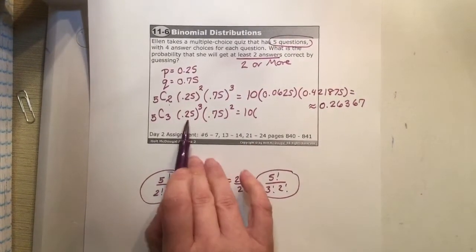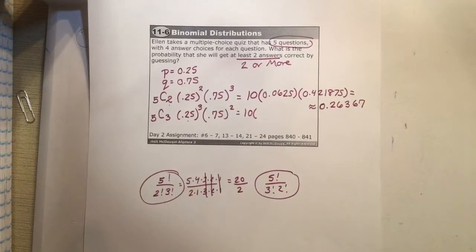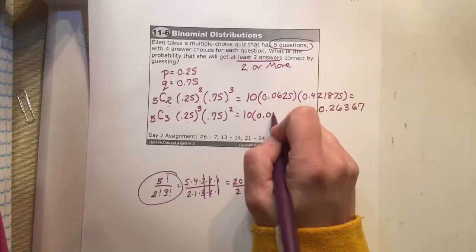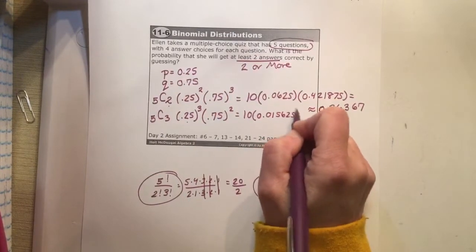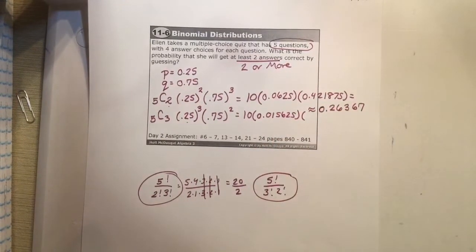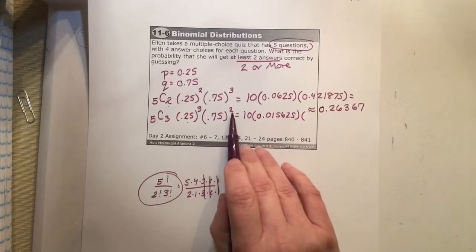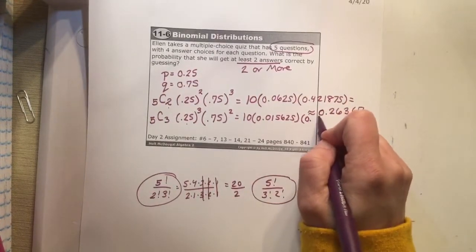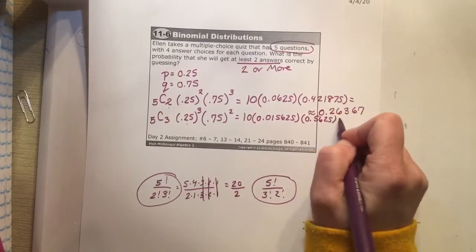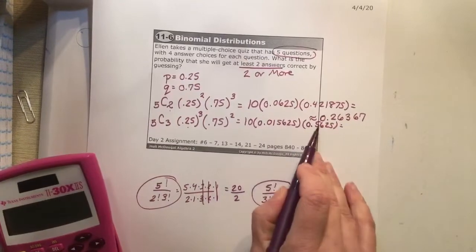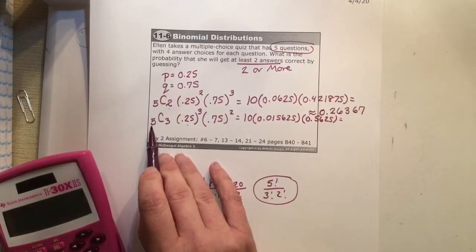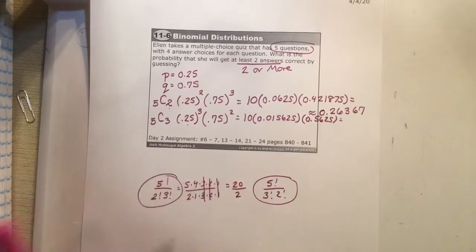If I take 0.25 to the power of 3, I get 0.015625. 0.75 squared. The reason why it's squared is because I'm getting 2 answers incorrect. If I go ahead and calculate that, 0.5625. So now when I multiply these together, what it represents is, out of the 5 questions, the probability that I'm going to get 3 of them right.